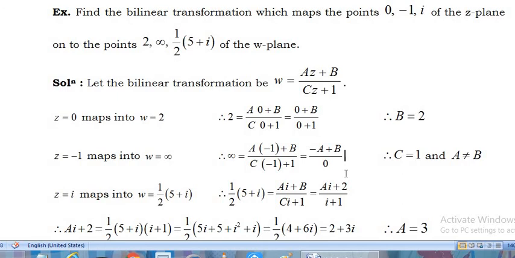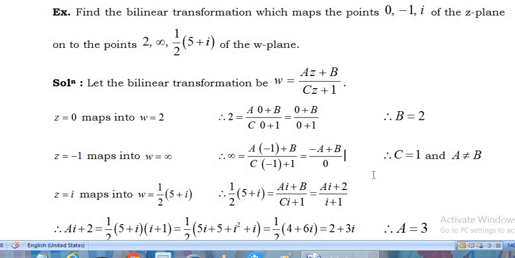Now numerator divided by denominator, the ratio is equal to infinity. That means that the denominator must be 0, that is minus C plus 1 equal to 0. That means C must be equal to 1, but that is not enough.